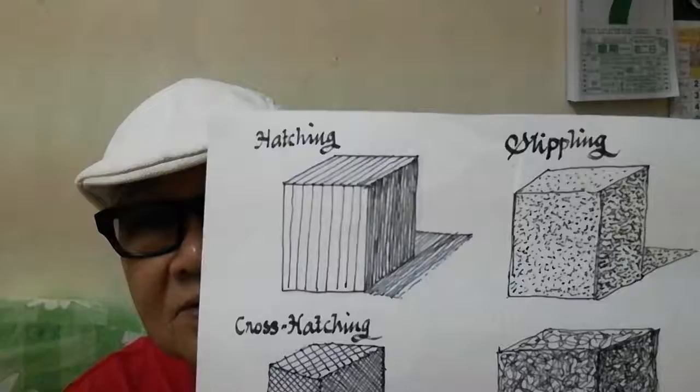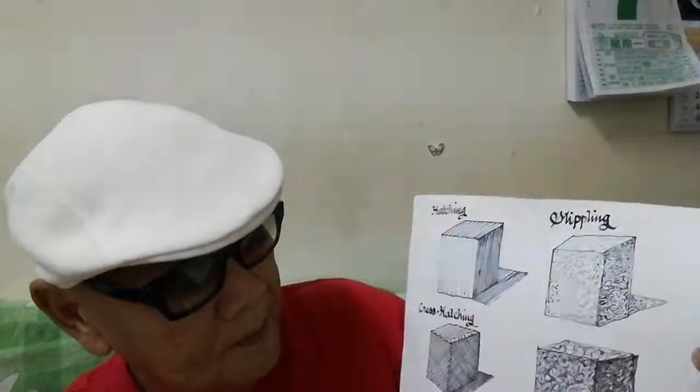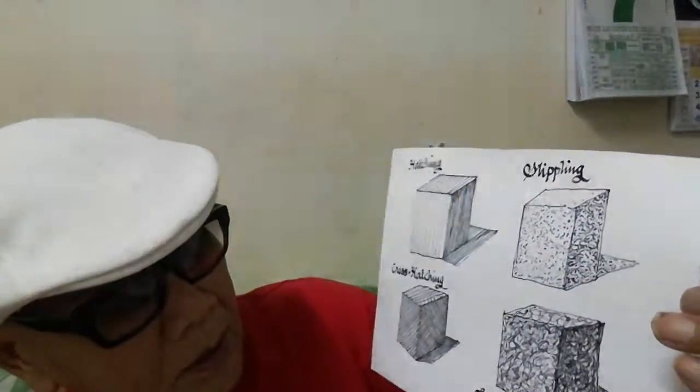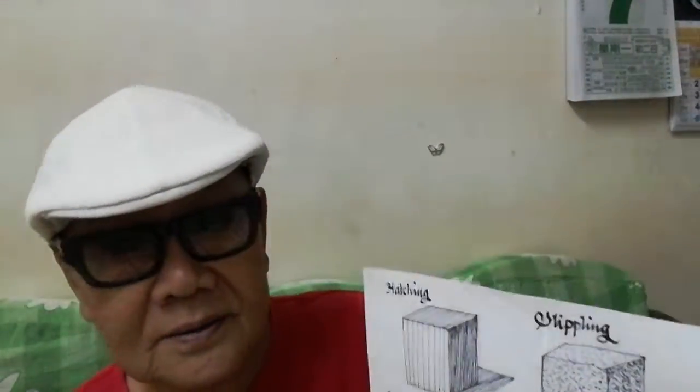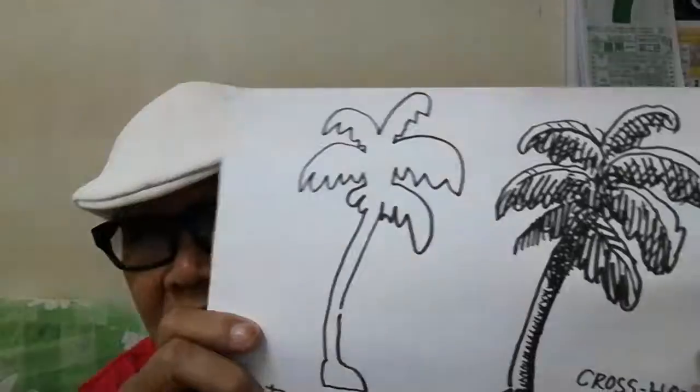So here you have scribbling, stippling, hatching, cross hatching. And the end result is the product of what you get, the tree here.